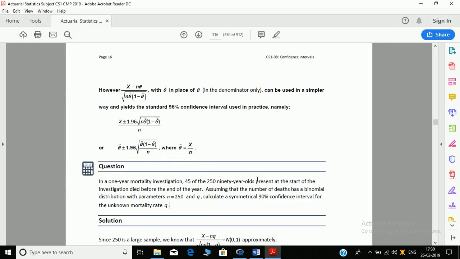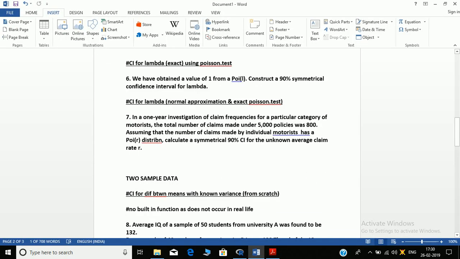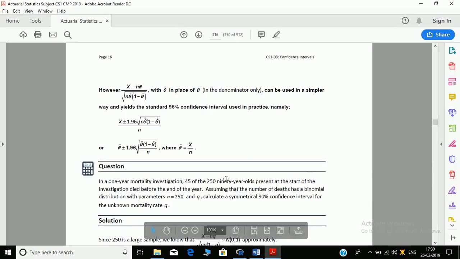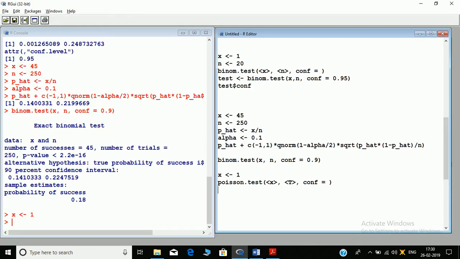Here how many times have you done the event? It is only once. So T is the time base for the events which have occurred. Default is always 1 for T. So here it is Poisson dot test. X value is 1.